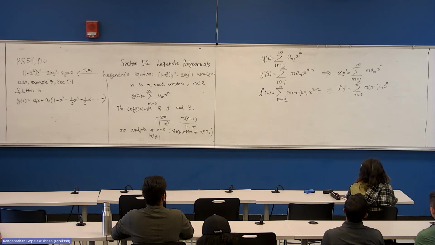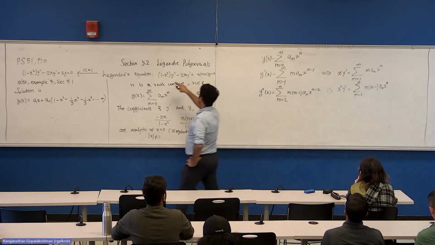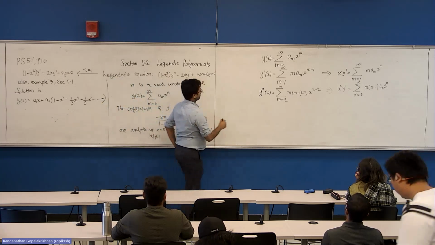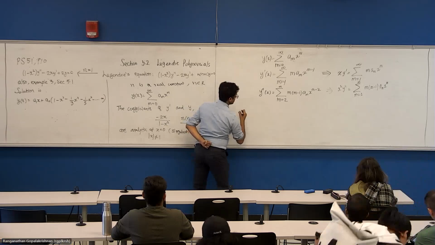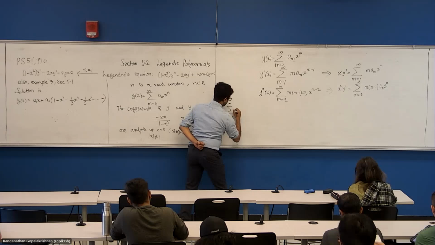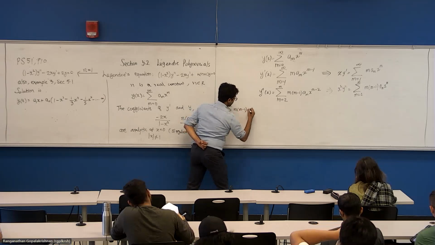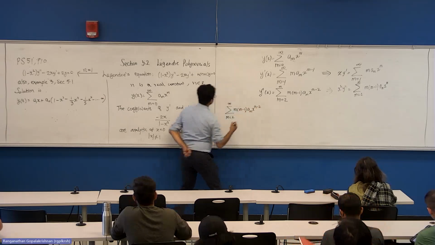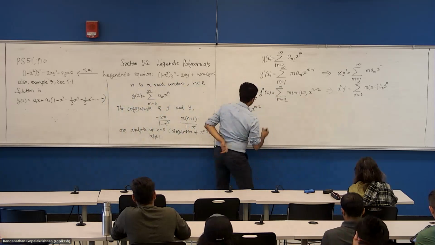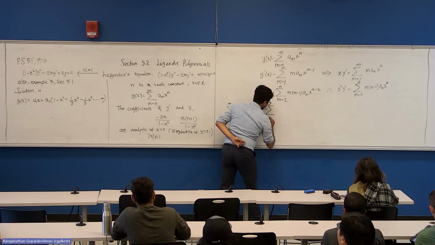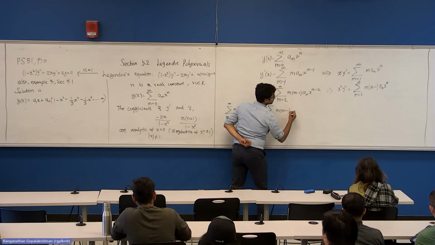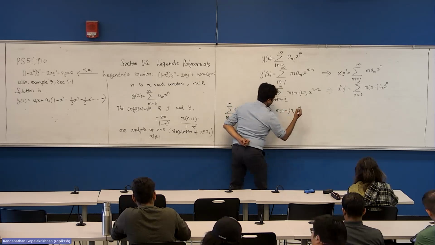Okay. So if you substitute for each of these terms, y double prime, x squared y double prime, xy prime, and then y, I'm going to do that. I have summation m equal to 2 to infinity m times m minus 1 a_m x power m minus 2. That is the first term. And then I have x squared y double prime, so minus summation m equals 2 to infinity m times m minus 1 a_m x power m.